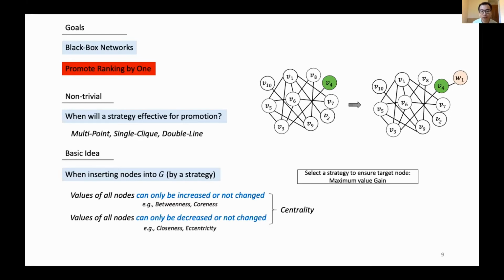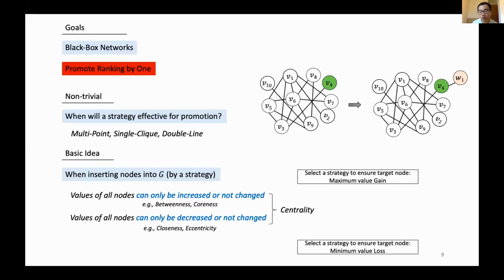Therefore, for the first type of centralities, if all nodes increase their centrality, we can select the strategy to ensure the target node has the maximum value gain. The logic is that when all the nodes increase their centrality values and the target node has the maximum increase, then at some moment, the target node can overtake other high value nodes and its ranking can be improved.